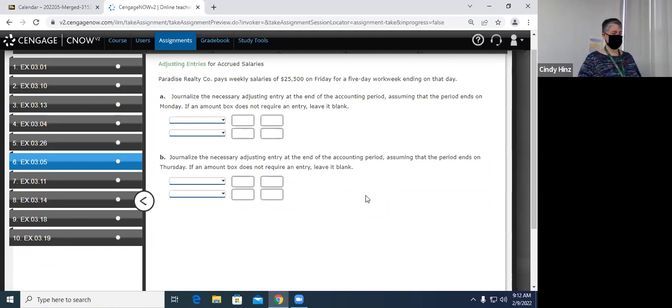There are other minor legal differences, but for our purposes, that's what we need to know. Our workers are getting paid on Friday for the work that they did for us that week, Monday through Friday. Altogether, our workers are getting paid $25,500 on Friday.